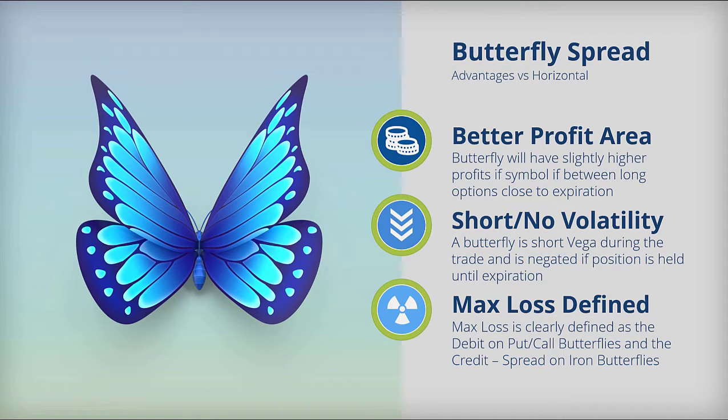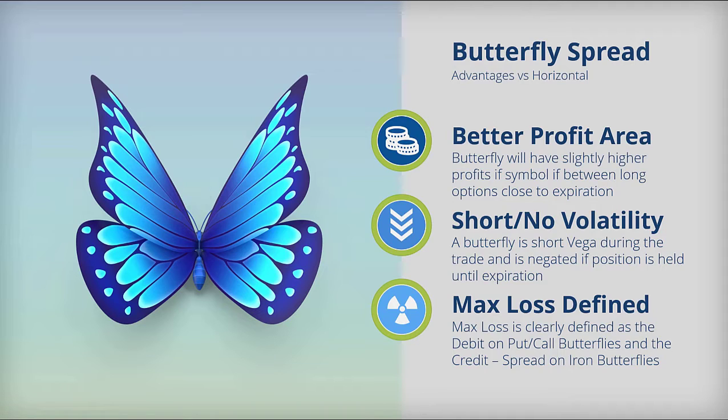It's only during the trade where you get these effects of volatility. So if you open up a butterfly and you want to close it out early, then your profit and loss is going to be affected by the changes in volatility while you held that trade. If volatility goes down, it's actually going to be beneficial to your trade. You'll make a little bit more than you would had volatility stayed sideways. If volatility goes higher, it's actually going to hurt your trade.